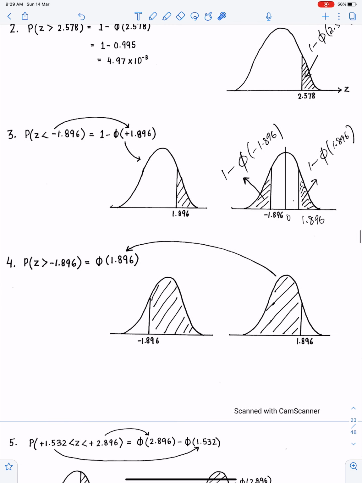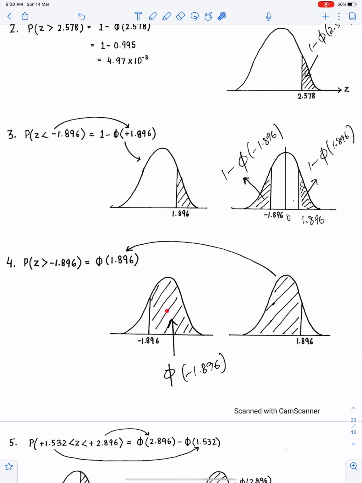Now, this one, z greater than minus 1.896. This is the sketch of this number. Minus 1.896 is here because 0 is here, and we need this area, and this area is large, so this must be phi negative 1.896. I already have told you we cannot find this in the table, so we have to use symmetry.